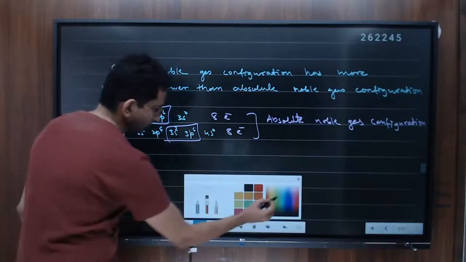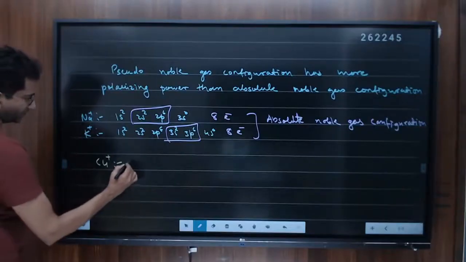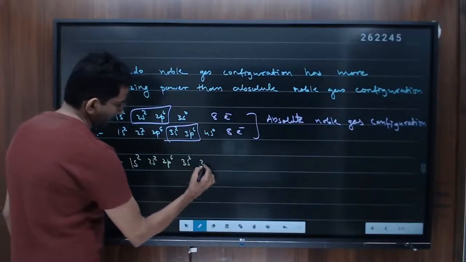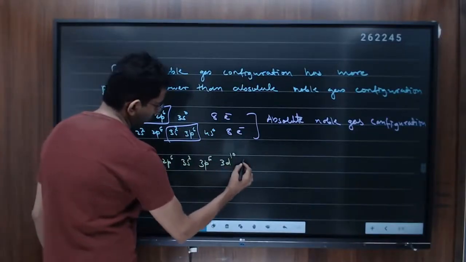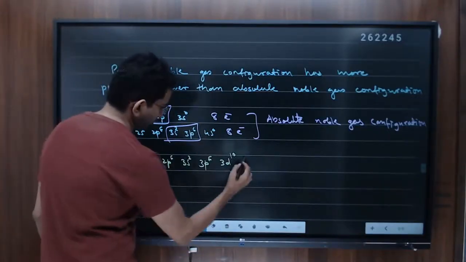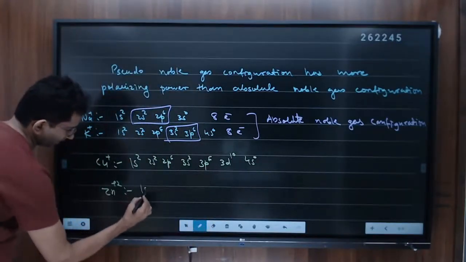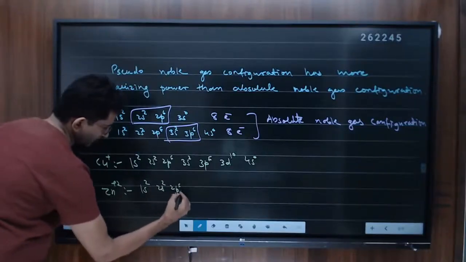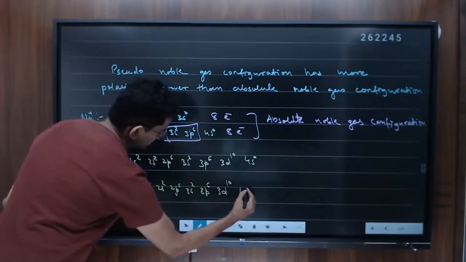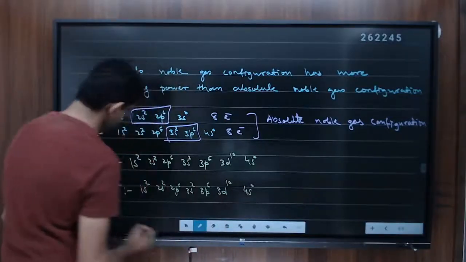Now I am taking Cu plus 1, that is 1s2, 2s2, 2p6, 3s2, 3p6, 3d10, 4s1 actually, but it is Cu plus 1, so definitely it is 4s0. Now if I take Zn plus 2, it is 1s2, 2s2, 2p6, 3s2, 3p6, 3d10 and 4s2 actually; 2 electrons are lost, then it becomes Zn plus 2.